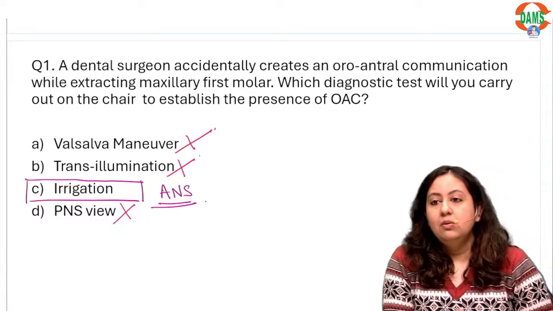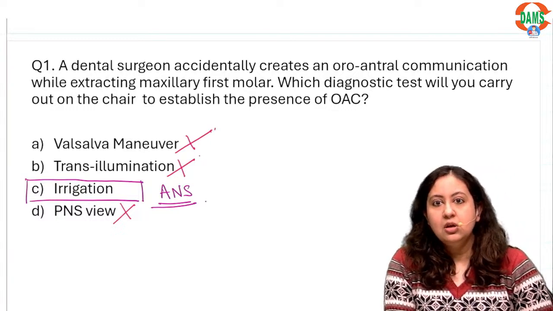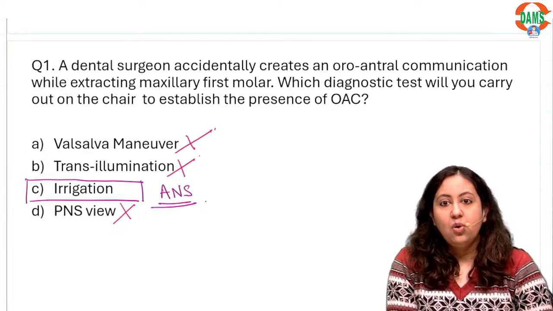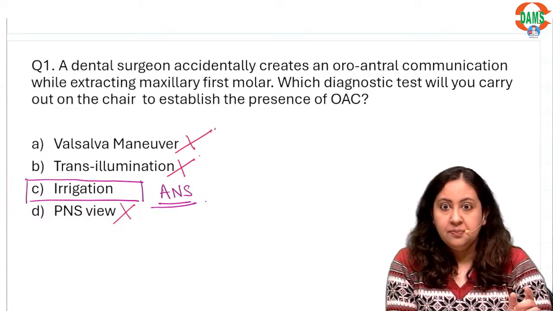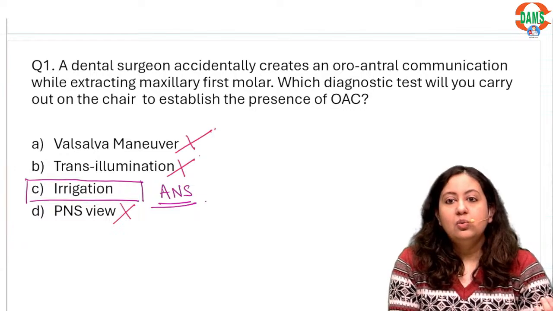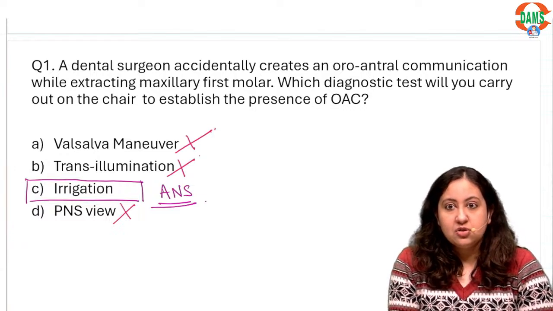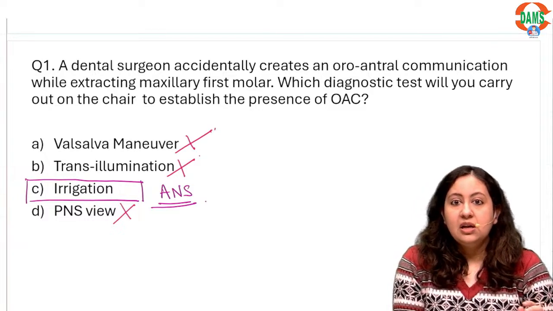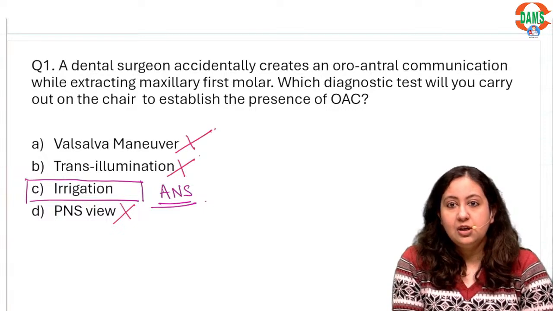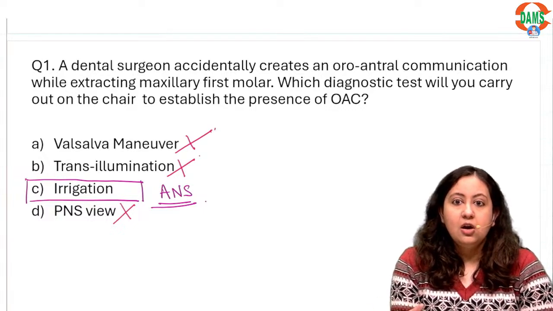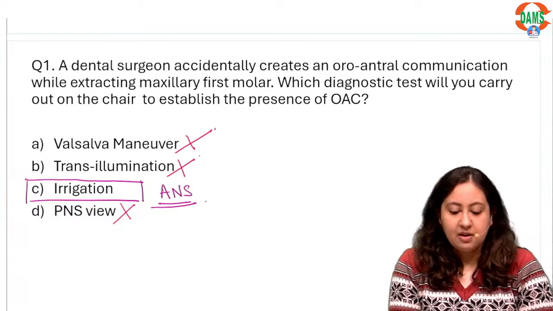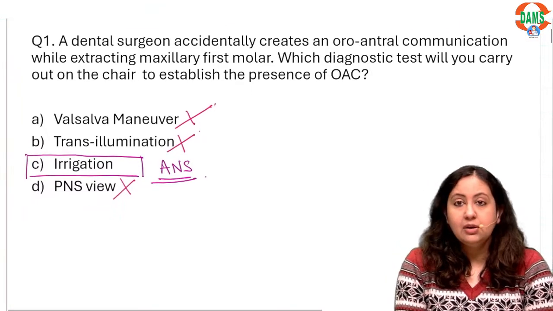I'll again explain Valsalva maneuver versus irrigation. In Valsalva maneuver, you ask the patient to blow against blocked nostrils, and when this is happening, you look for bubbling of blood in the extraction socket, fogging of the mirror, displacement of cotton, or displacement of paper. But in irrigation, you take a syringe filled with saline, irrigate the extraction socket, and look for exit of irrigant from the nasal cavity. Is it understood by everyone?